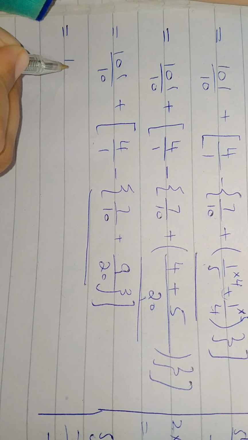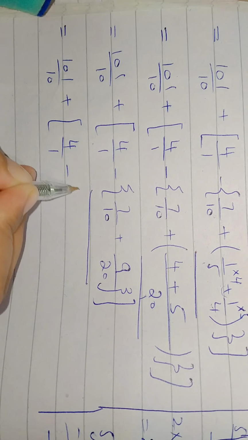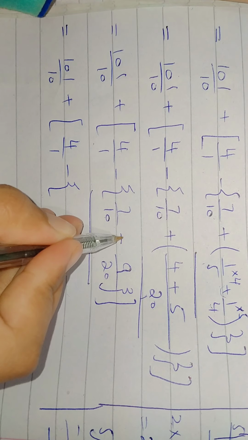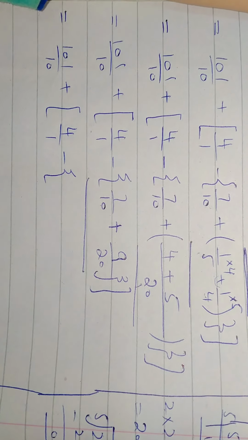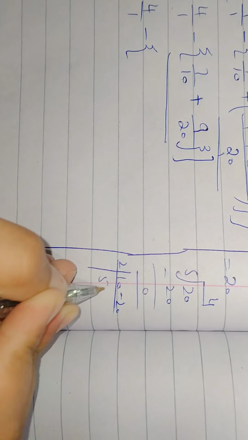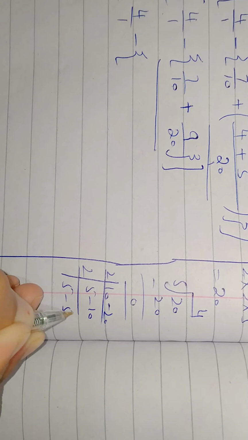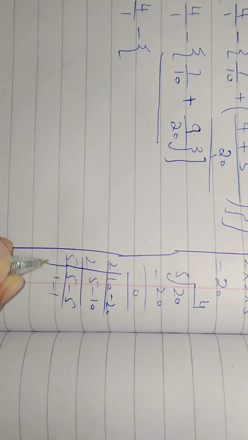We are following the sequence of BODMAS. Again addition is here, so we have to take the LCM. Smallest table is 2, 2 5s are 10, 2 10s are 20, then 2 5s are 10, and again 5 1s are 5.